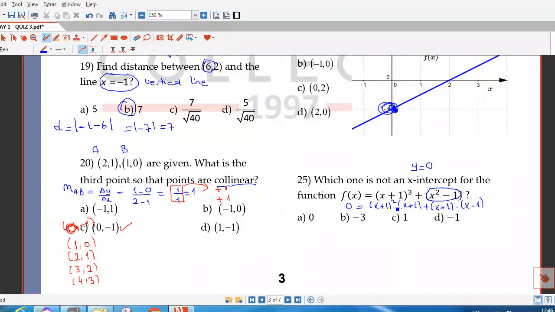I have to solve this equation, but I cannot solve without having product between expressions. I am going to take x plus 1 as a common factor. So 0 is equal to x plus 1 is common. Let me write the remaining: x plus 1 squared plus the other remaining expression is x minus 1.